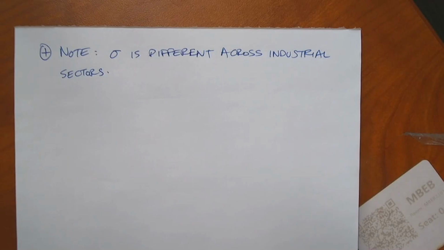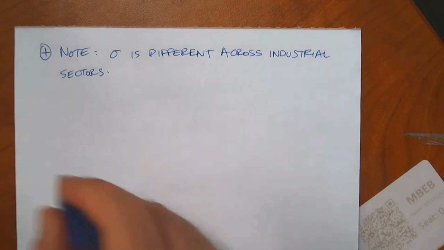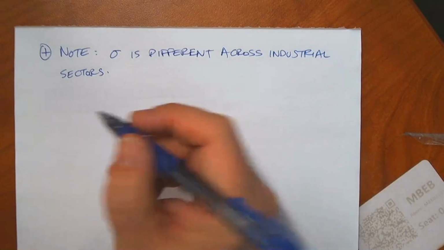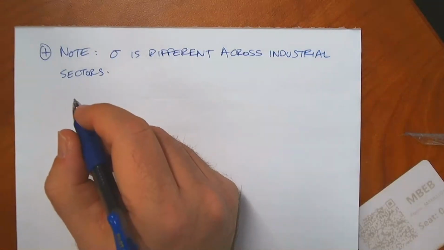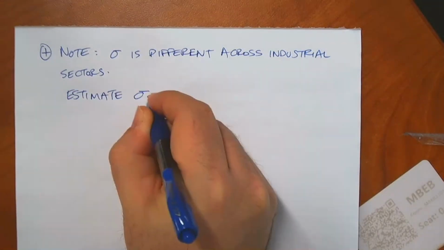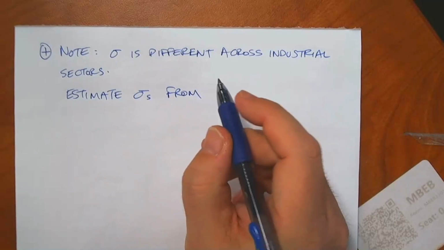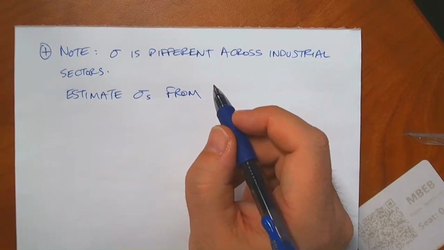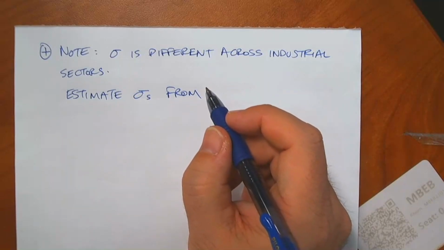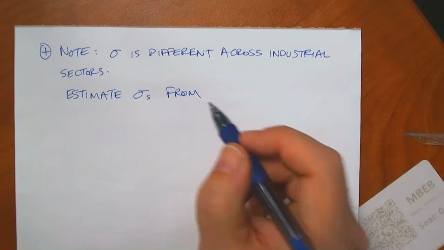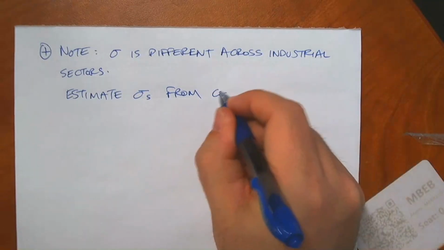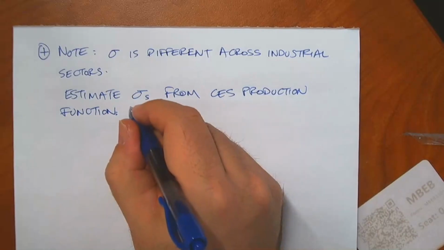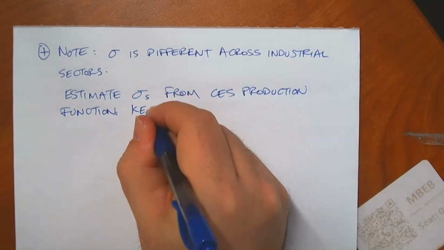Perhaps more recently using fancier techniques from advanced econometrics. But I'm going to give you some numbers that have been produced relatively recently. These are estimated sigmas from a different production function that you may know, the CES production function.